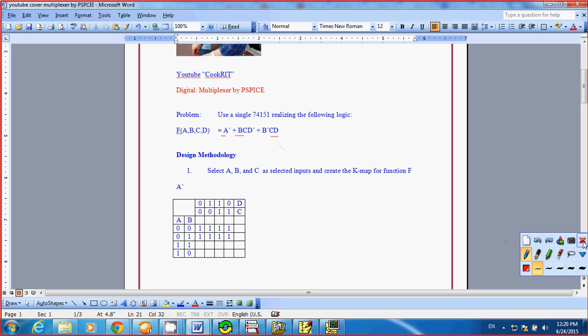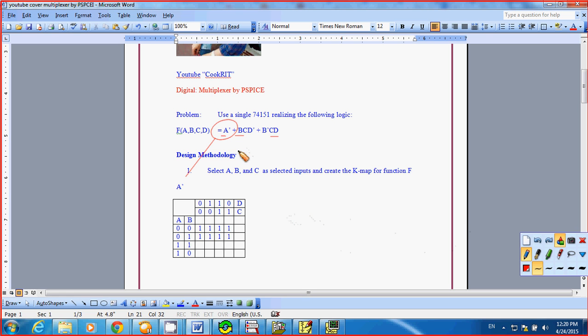So I'm going to start by picking up A complement first and drawing the Karnaugh map, followed by the second term and the third term, and put them together, and then write out the truth table to do the circuit. This is what we are going to do.